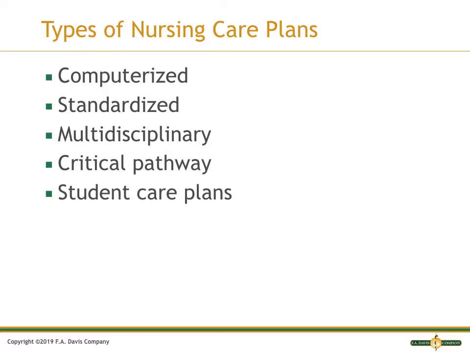That's kind of the problem with these pathways. It's not super patient specific, and if they're not meeting those goals, then you readjust them. An example would be post-op day 1, patient should be walking. Every post-op day 1 open heart surgery patient should be walking. That's an expected critical pathway or clinical pathway.